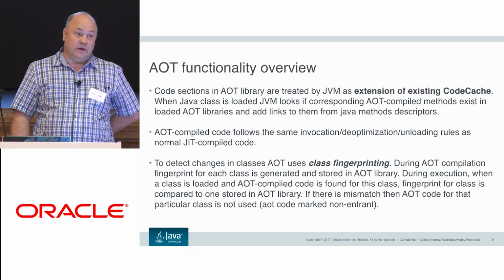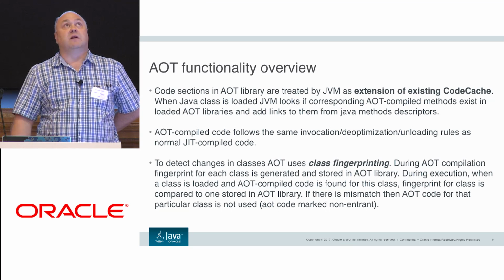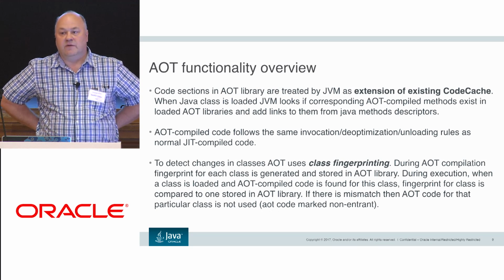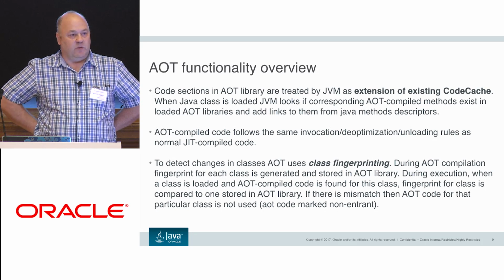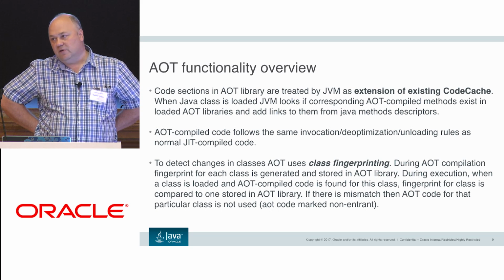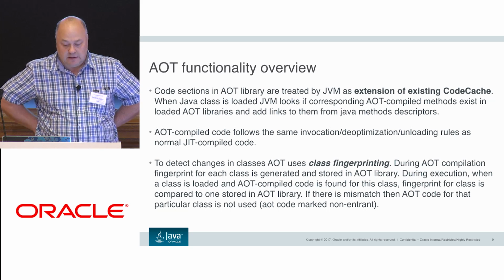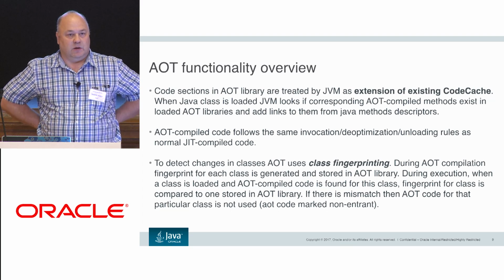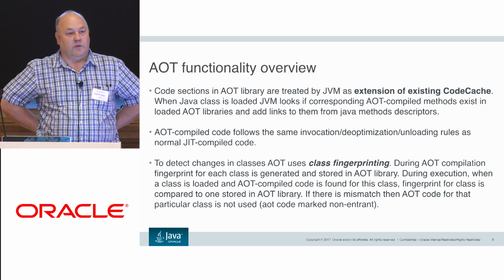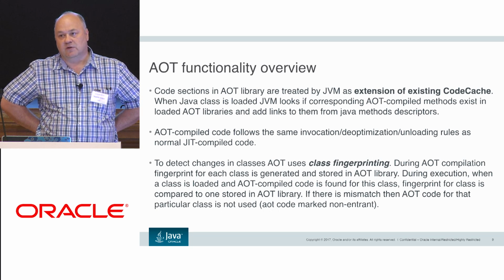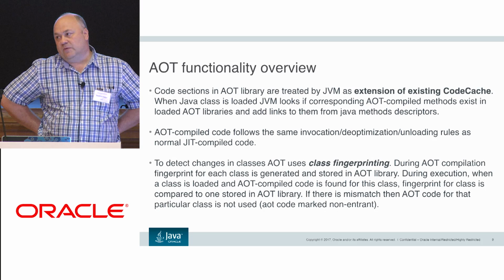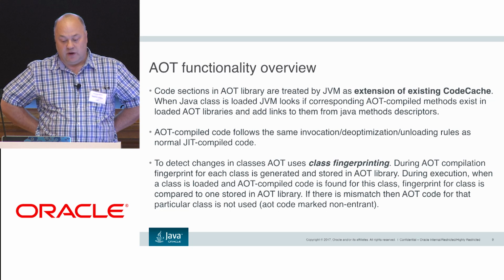We may not remove AOT code: there is a separate field linking the method descriptor to the AOT code, and we may keep it even when we switch to JIT code, because when we deoptimize JIT code, instead of going back to the interpreter, we want to go to AOT code. But there are cases, for example class redefinition, where we cannot use AOT code anymore, so we mark it as not entrant. We have a fingerprint recorded for each AOT class, and we compare it when the class is loaded, and if it does not match, we don't use this class.